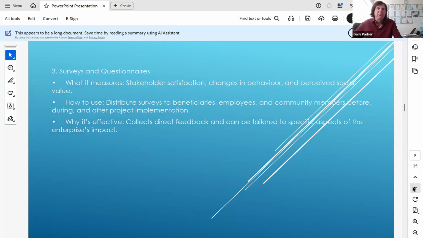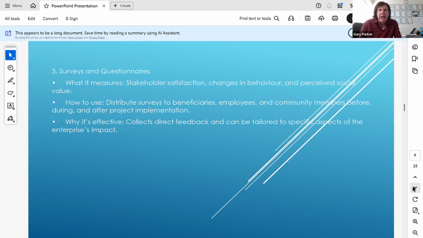The next way is very common. Surveys and questionnaires. What do they measure? Stakeholder satisfaction, changes in behavior, and perceived social value. So many organizations do this, both to participants and to the wider community or other stakeholders involved in projects.